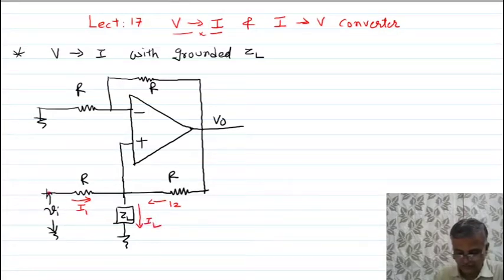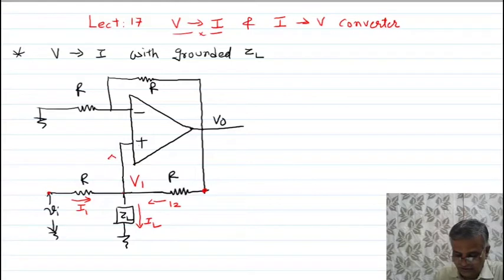This is a non-inverting amplifier, so the output is always more than this voltage. So this potential is more than this potential, and current will flow like this. Say this potential is V1, and the current flows in this direction.